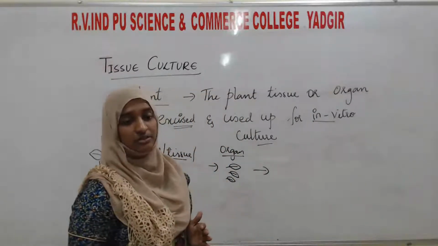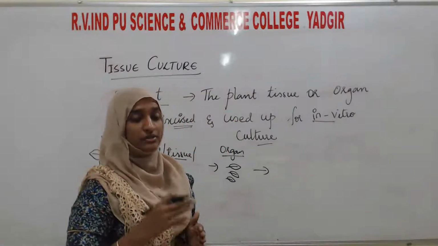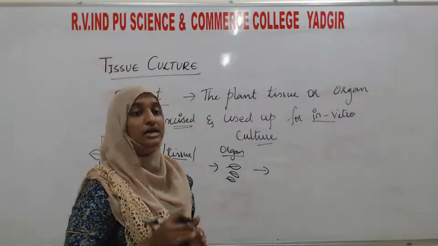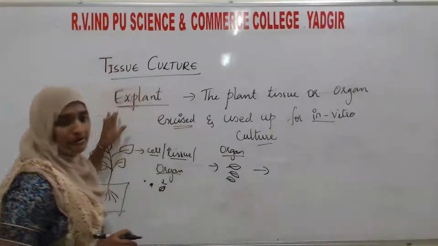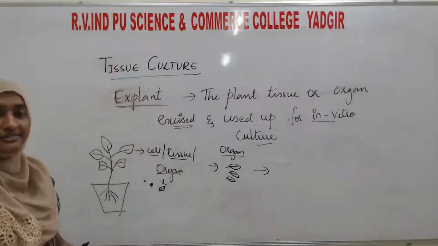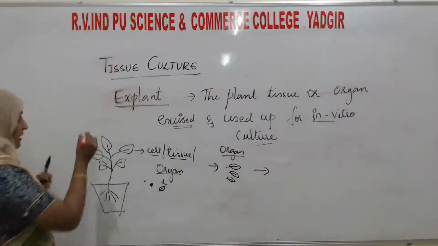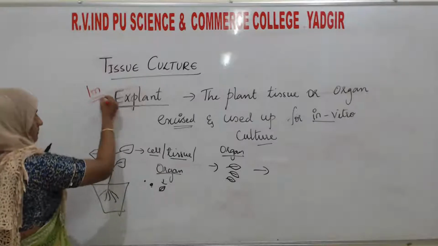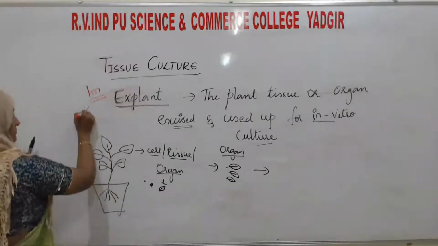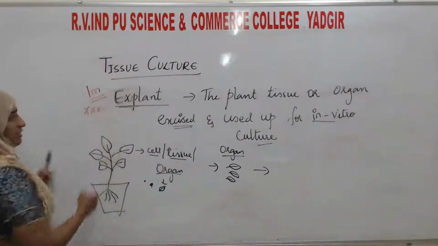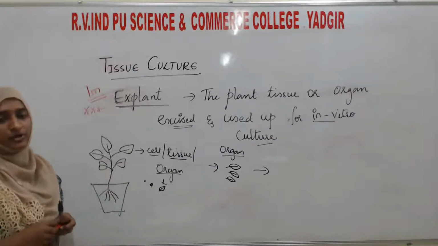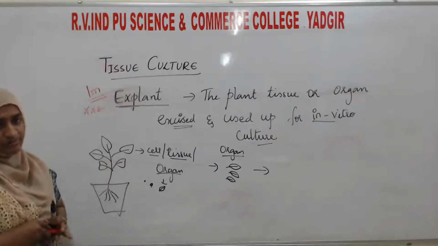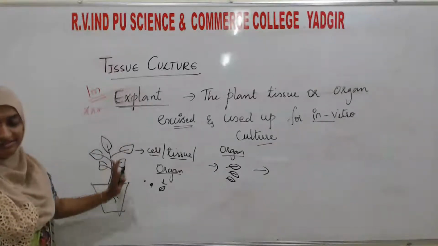In vitro culture means growing artificially. That is known as the explant. So this question may be asked for 1 mark: what is explant? This is a very important question. The plant tissue or organ excised and used for in vitro culture is known as the explant.